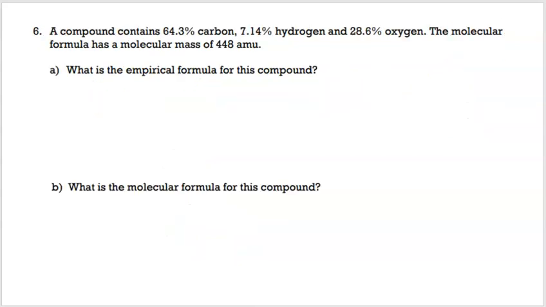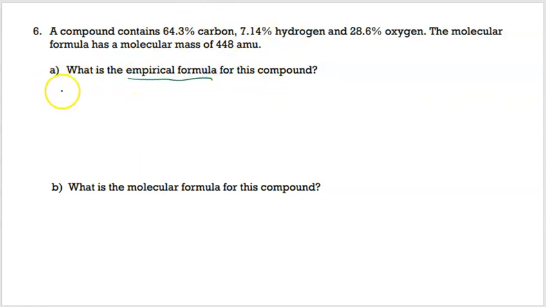All right, number 6. We are almost done, you guys. For number 6, we have a compound that contains 64.3% carbon, 7.14% hydrogen, and 28.6% oxygen. I think this is our first one with more than 2 elements present, but the process is the same. So we want the empirical formula.